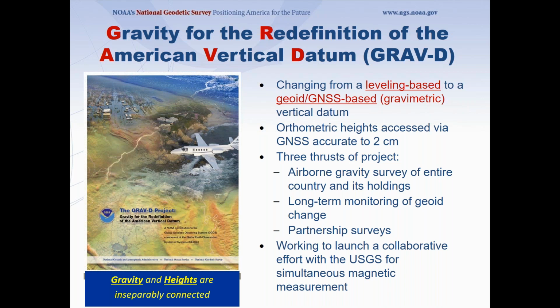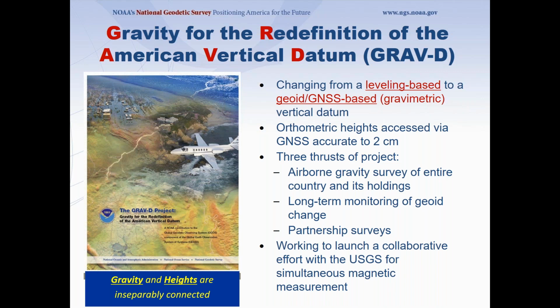One is an airborne gravity survey of the whole country and its holdings, and long-term monitoring of the geoid change, and we do that through setting up stations, and we just monitor them through gravity observations that we have, just like cores.